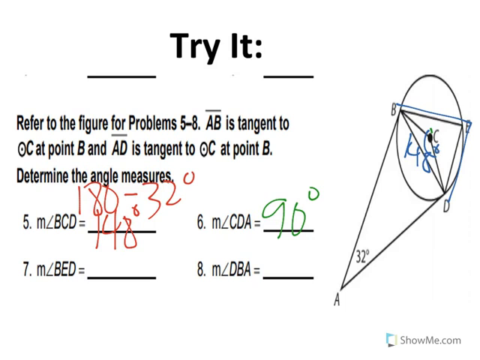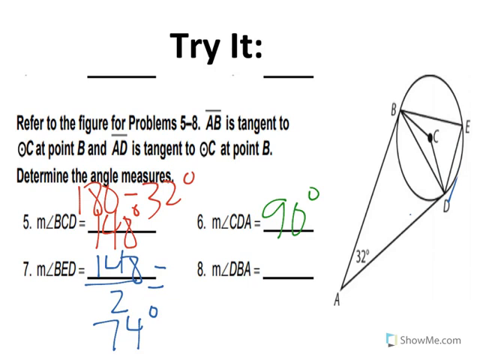That means this arc here is also 148. So this is called an inscribed angle, so it's half of the arc. You take 148 divided by 2. So this is 74 degrees. Right, okay, let's go on to our next one, number 8.